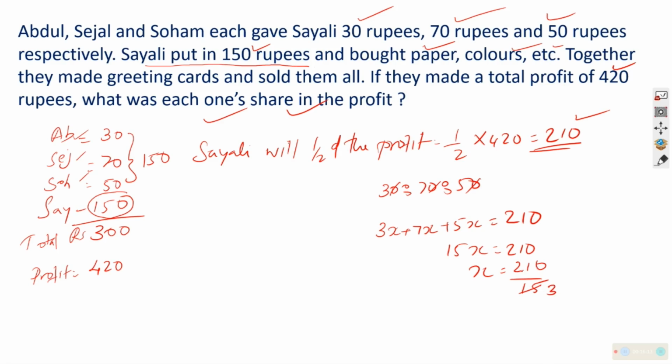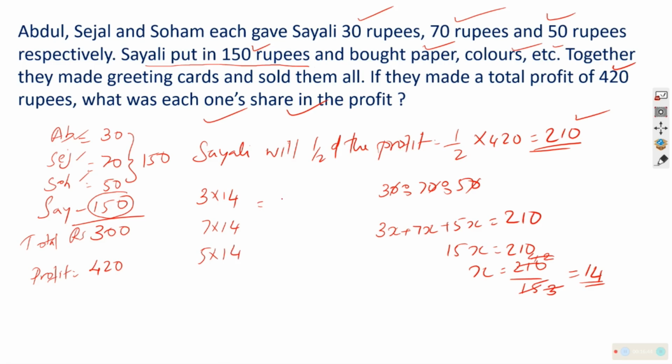3 5s are 15. Here 4 5s are 20. 42. Then you can divide 42 with 3 and you will get the answer 14. x is equal to 14. So now we will give everyone their money, no problem. 3 into 14 for Abdul, 7 into 14 for Sejal, and for Soham it is 5 into 14.